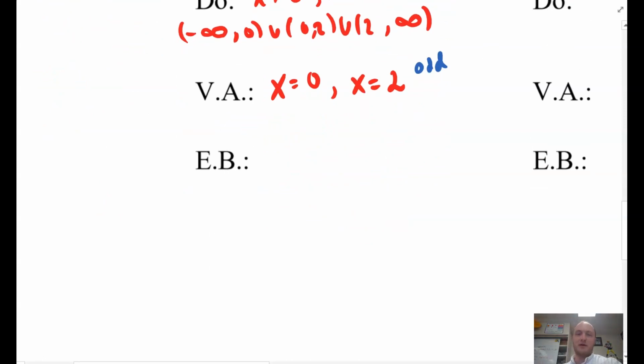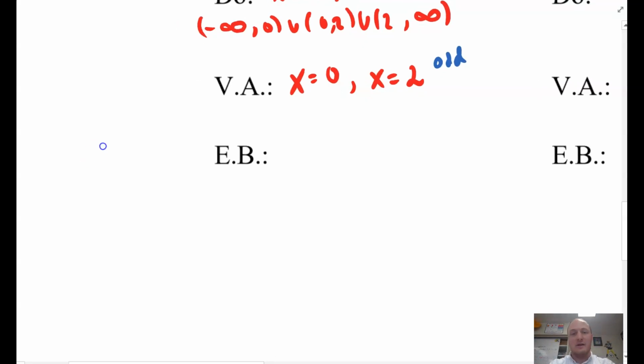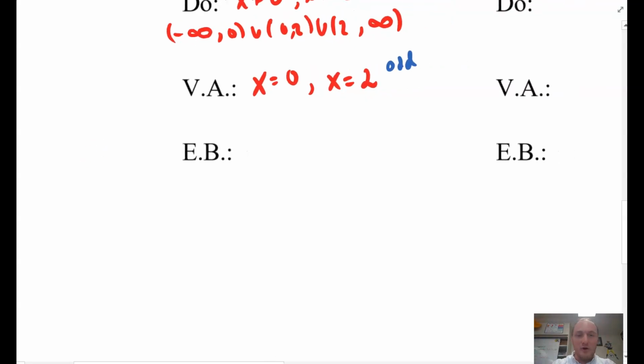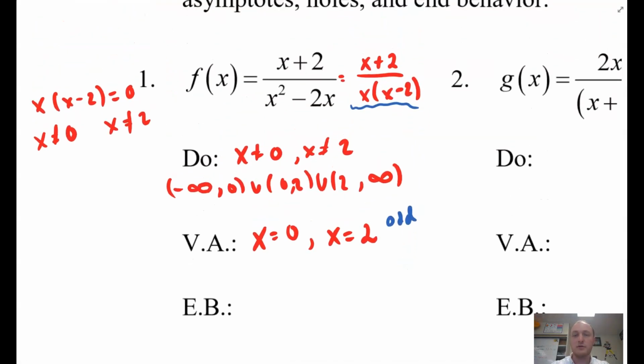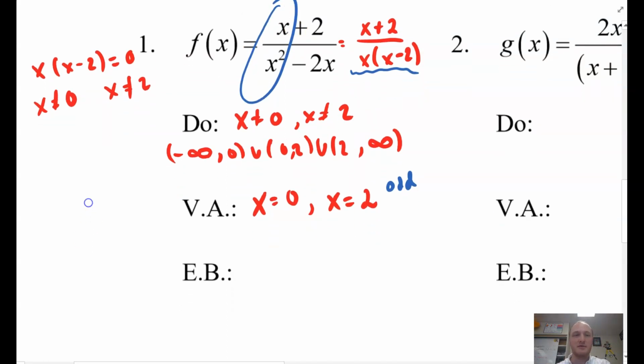Okay, end behavior. End behavior is what happens at the end of a graph. And it's worth noting that we want to calculate the end behavior of a function by calculating the ratio of the leading terms. So here my leading terms are x over x squared.